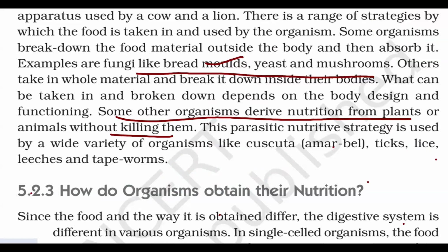Now write down. A parasite is an organism. You can write in bracket, the organism can be plant or animal. It can be plant or it can be animal. Which feeds on another. Or, like we humans generally use the term eating to get our food, it feeds on another living organism.